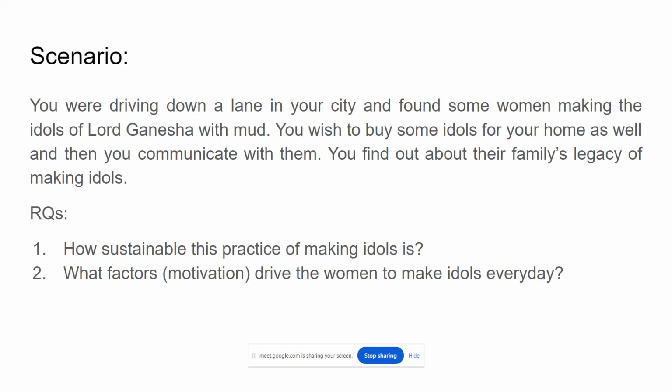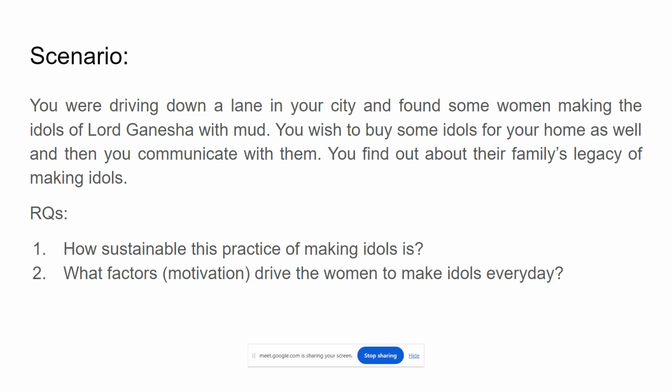Then finally, you're talking about the legacy part. So then you might include a few papers from the sea of papers that talk about how majorly, for example, I'm just making it up right now because I really don't know the reality, some papers may talk about how a huge majority of idol makers are just taking the generational legacy forward and moving on with their family business, and very few idol makers have taken up this job on their own.